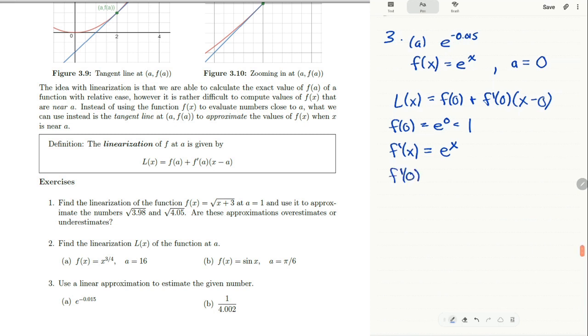And the derivative evaluated at 0 is e to the 0, which is 1. And so the linearization L is going to be 1 plus 1 times x, which is 1 plus x.